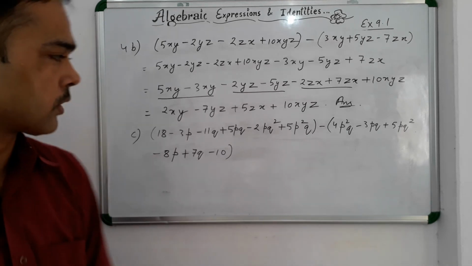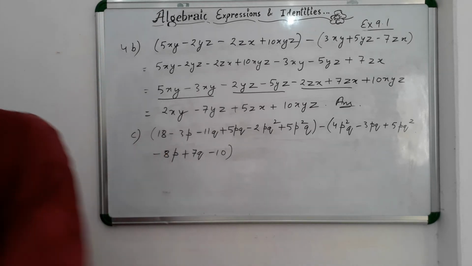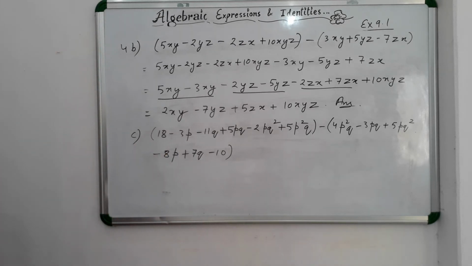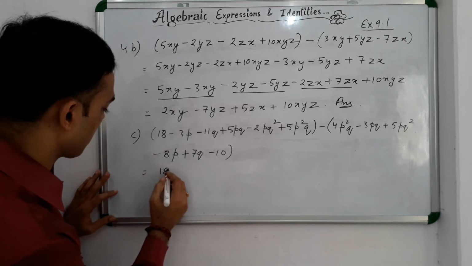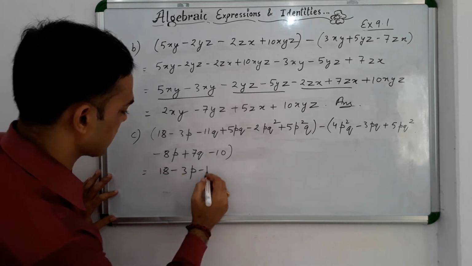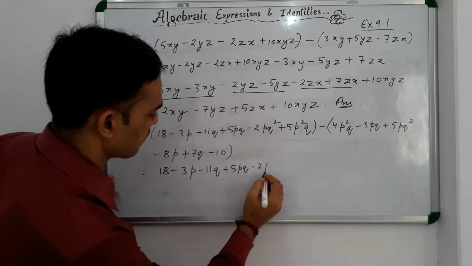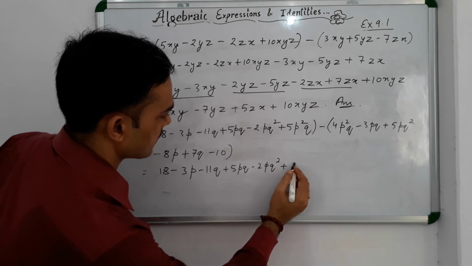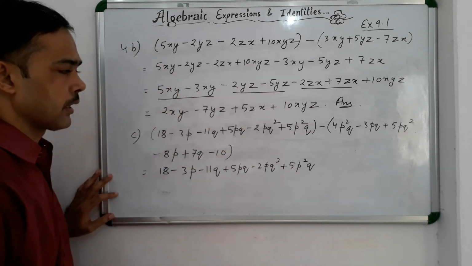Now what we'll do is, you people know that we will now be changing the sign. When we change the sign, this will be 18 minus 3p minus 11q plus 5pq minus 2pq square plus 5p square q, written in the same manner.